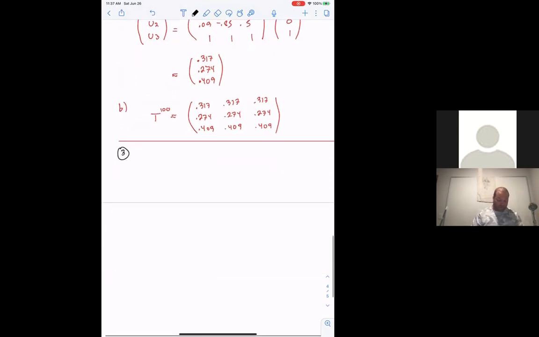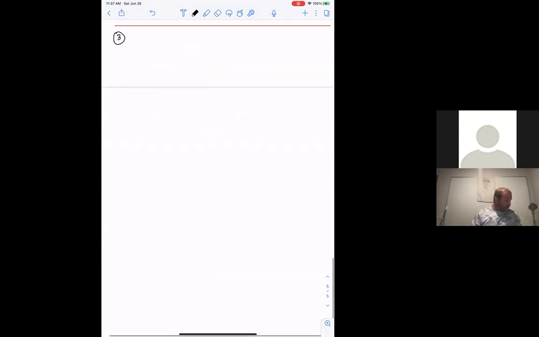Question 3. It says 3 electricity providers, A, B, C, compete in a market. A survey of consumers has determined the probabilities that a person using an electricity provider in 1 year will either stay with that provider or will switch to another next year. And the probabilities are given in the following 3 by 3 matrix.